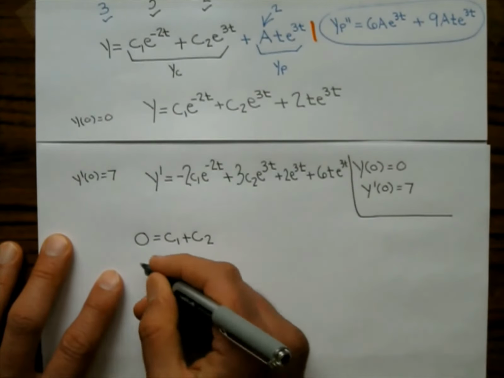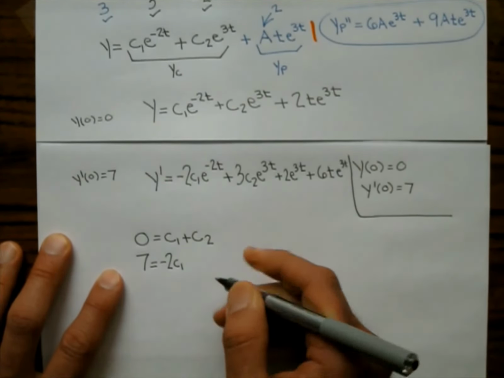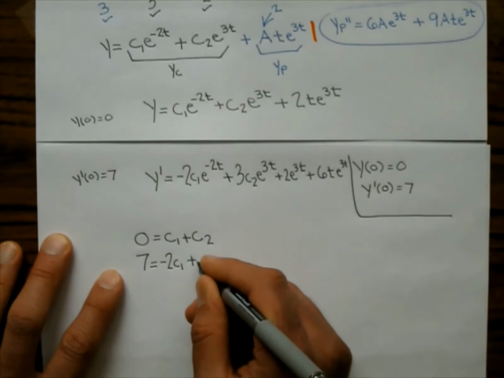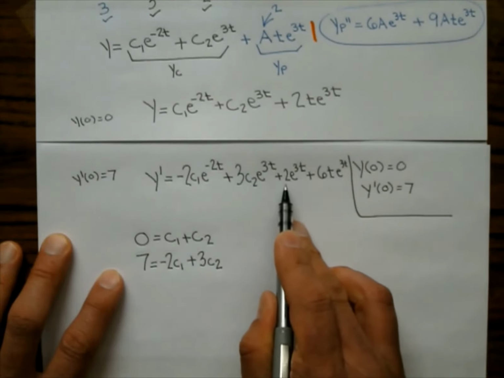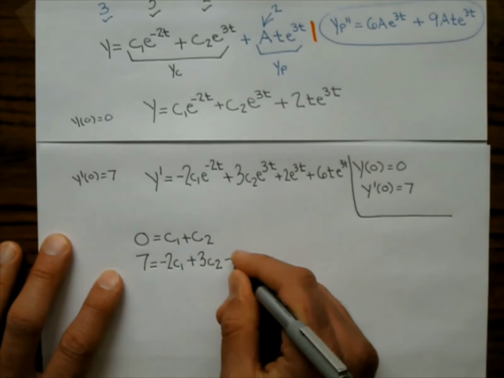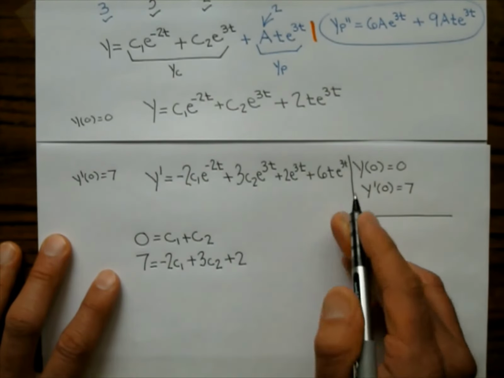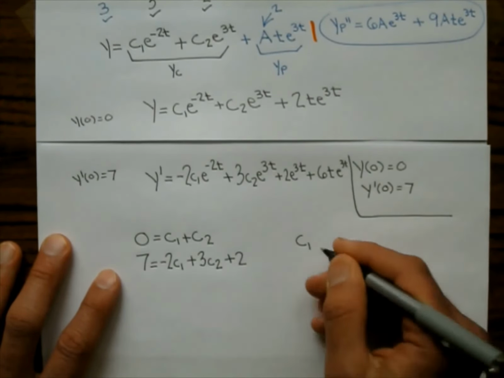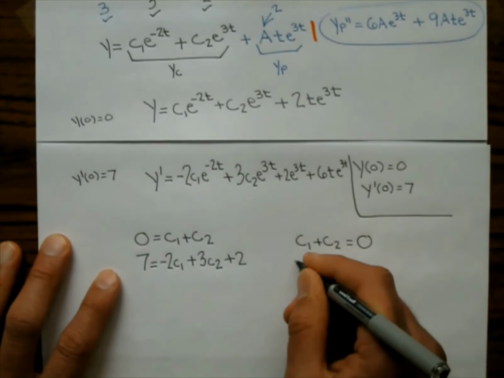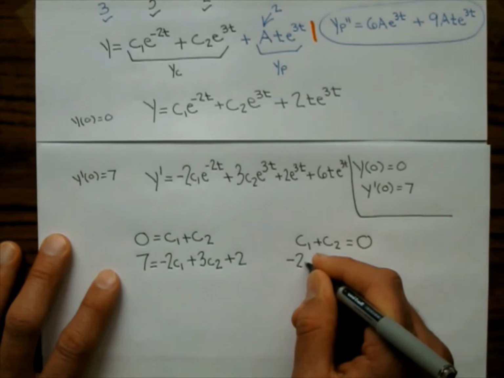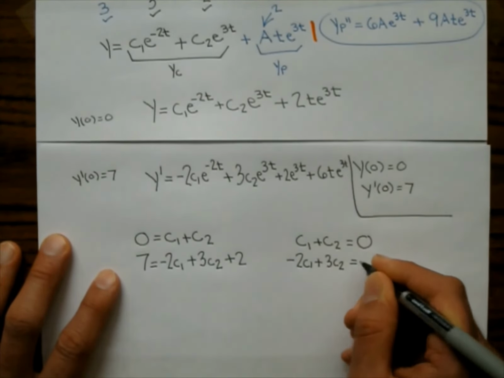And the second one's going to give me 7 equals negative 2c1 plus 3c2, we got to be careful over here, plus 2, because t is 0, and then it zeroes out that one there. So I have c1 plus c2 equals 0, and negative 2c1 plus 3c2 equals 5.